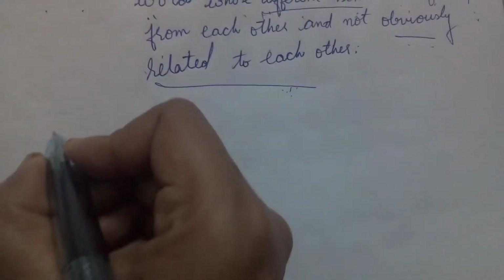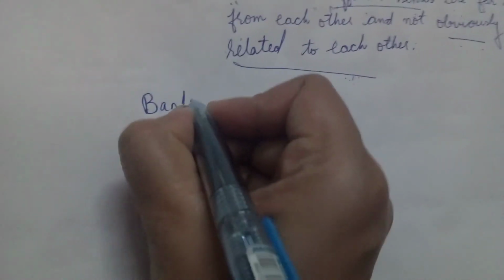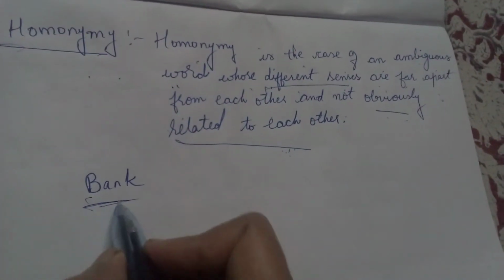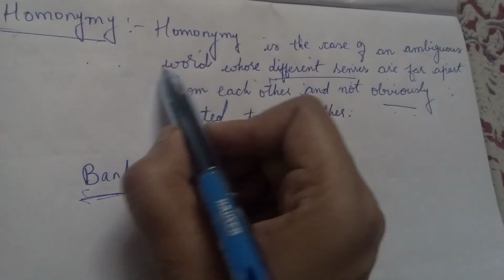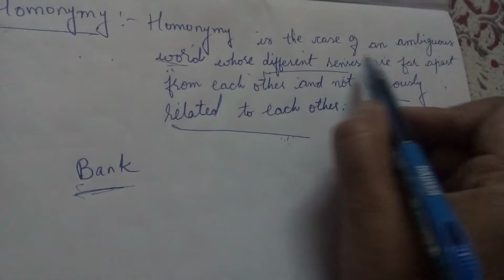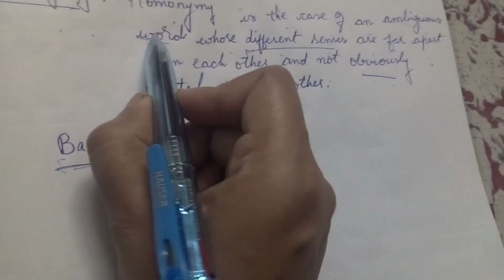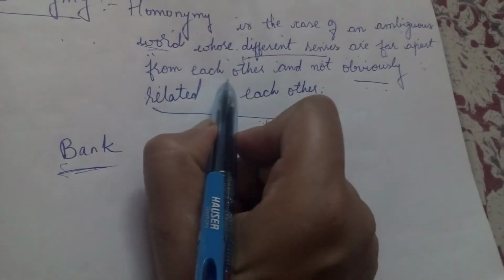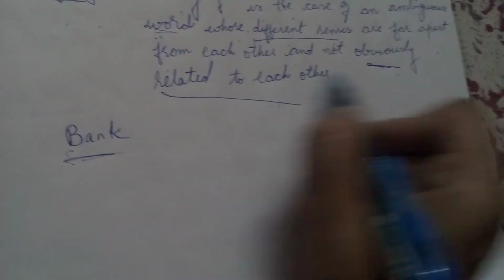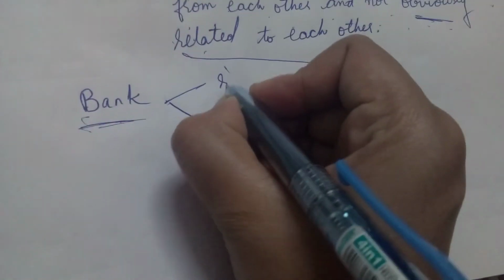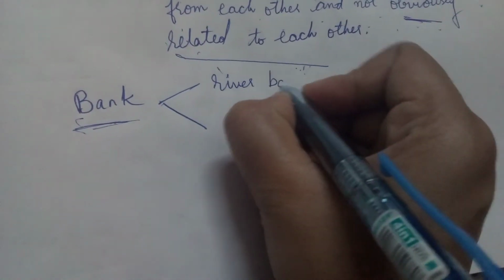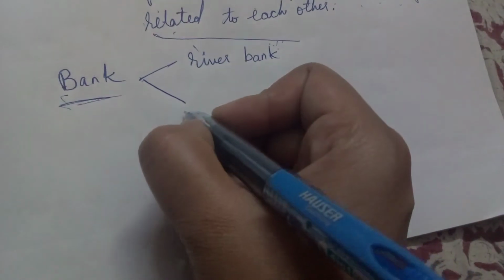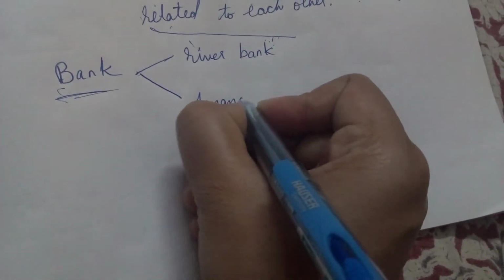For example, bank. This is an ambiguous word. The word bank may be a river bank in one situation, and also a financial bank.